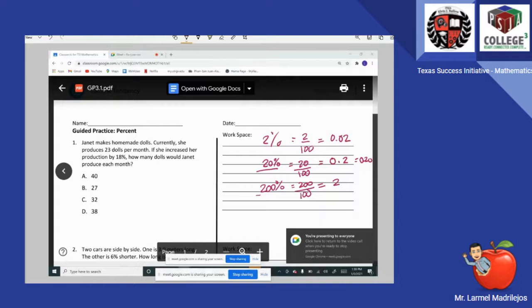First question here. Janet makes homemade dolls. Currently, she's producing 23 dolls per month. If she increases production by 18%, how many dolls would Janet produce each month?